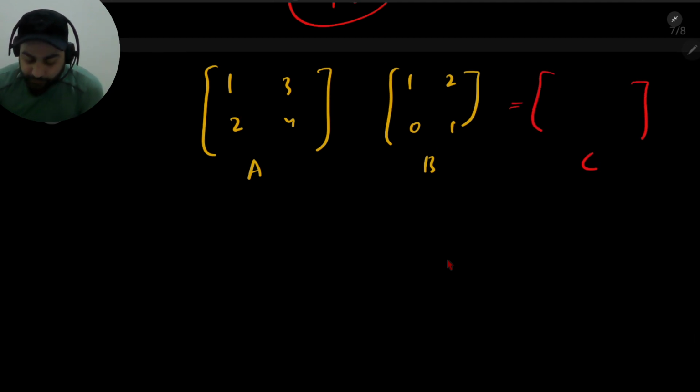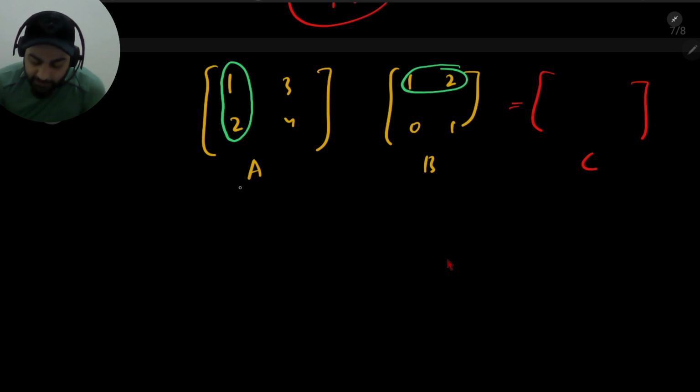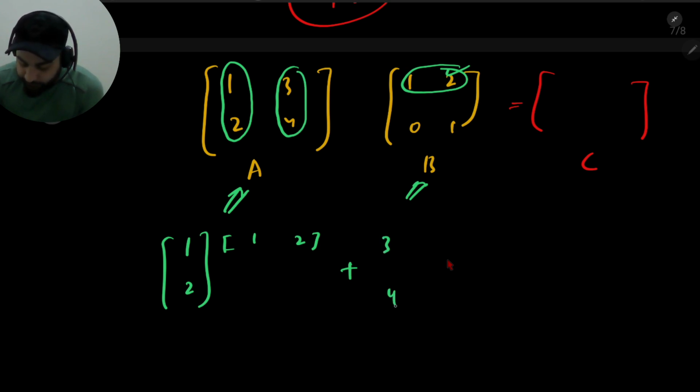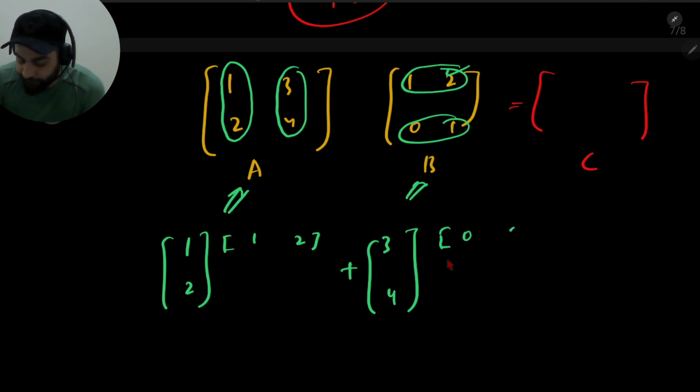I'll take a column vector of A, and I'll take a row of B. I'll do 1 2 and perform an outer product with this 1 2, plus I'll take this 3 4 and perform an outer product with this 0 1. When I add these things together, I'll get the matrix C.